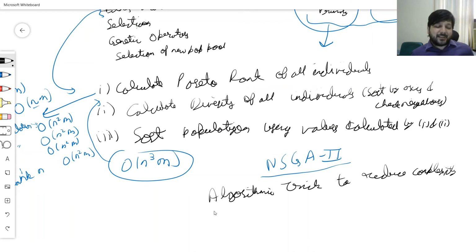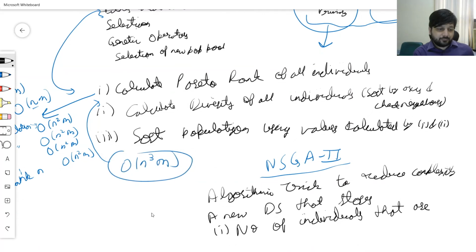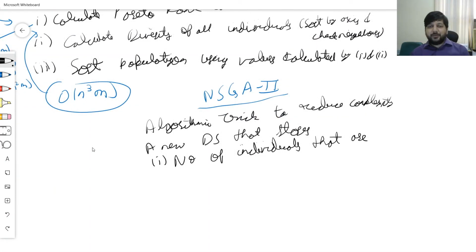I define a new data structure that stores the number of individuals that dominate an individual xi.